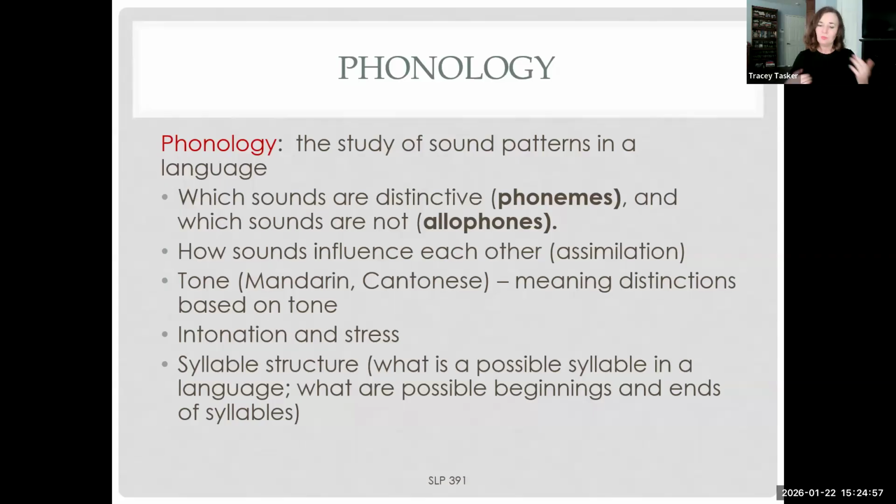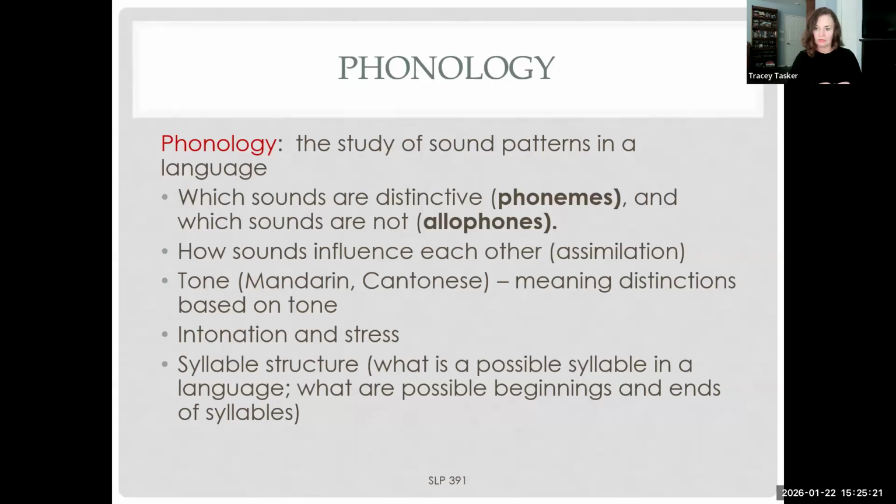So one thing we want to be aware of is that we have sounds, phonemes, but we also have what's called allophones. So allophones are a variation of how a sound is produced, but you still can recognize the sound, okay? And this is different in different languages.